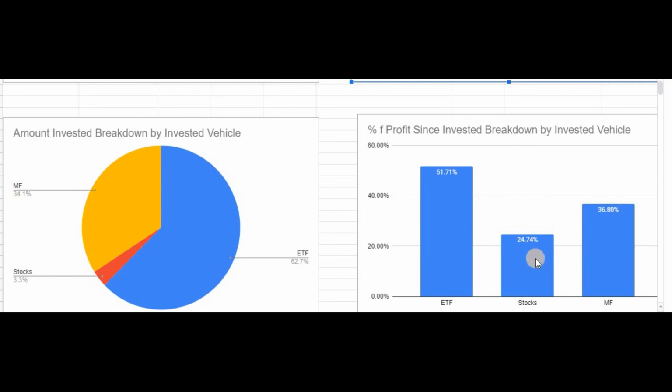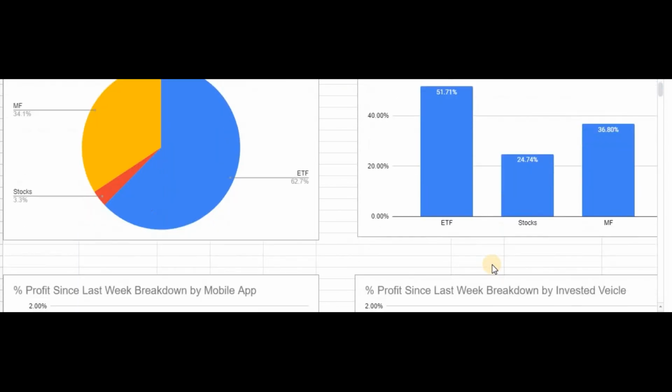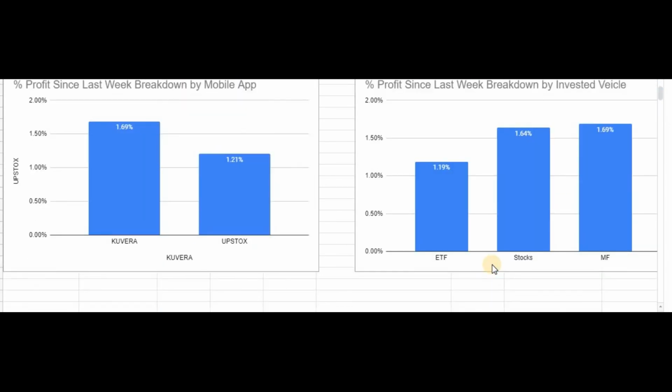I got the least profit in stocks, that is 24.74%, and I invested the least amount in stocks, that is 3.3%. So based on this, the profit is shown according to the investment. That is the reason my investment is going in a correct way, right? We can even conclude it this way. There is a very slight change between stocks and mutual funds, but both are showing an equal amount of profits to us, right?